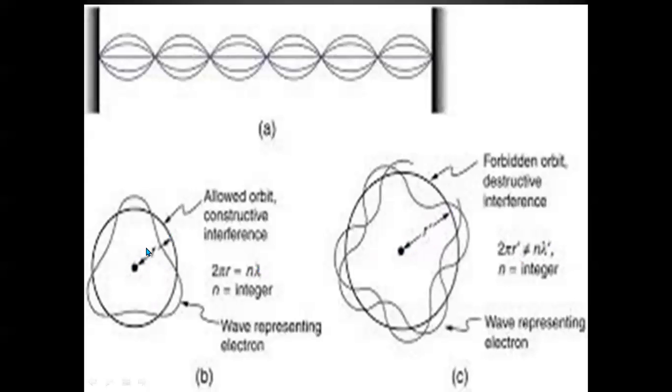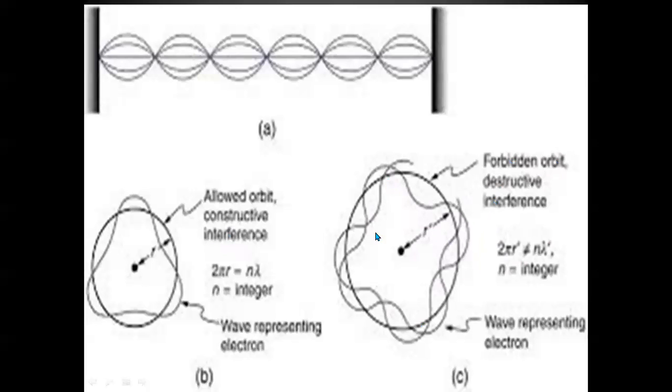This radius multiplied by 2 pi is the circumference of this circle, and r dash is nothing but the radius of this circle, multiplied by 2 pi gives the circumference of the circle. This circle is not equal to n lambda dash, meaning there are not n number of wavelengths. The number may be a fraction. Therefore, this is not allowed or is called forbidden.